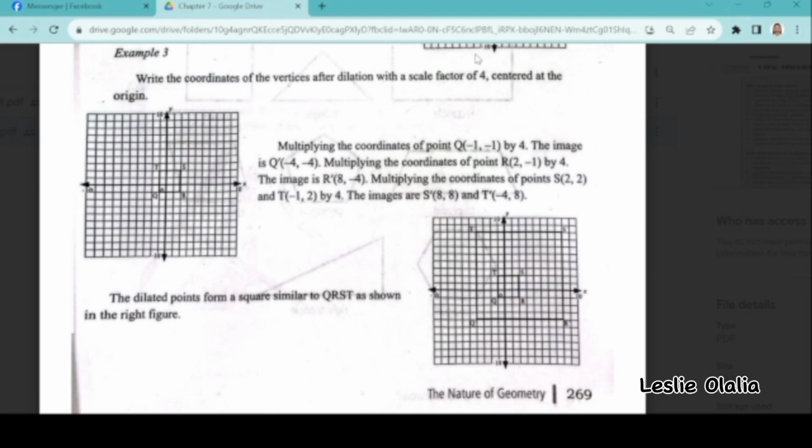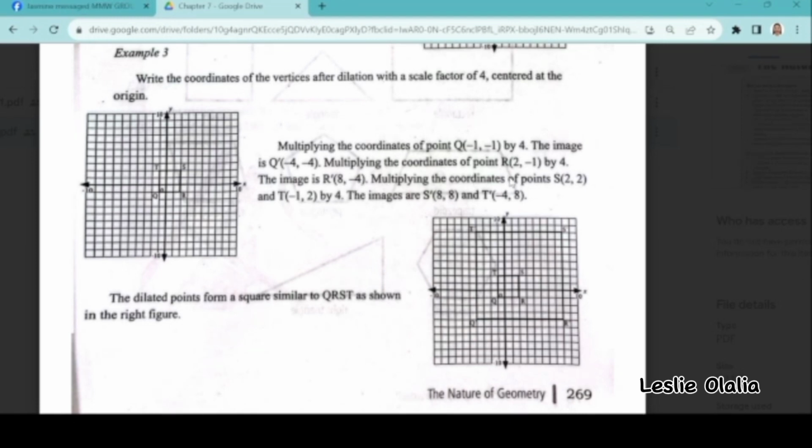I-multiply lang natin like I said earlier. Ang corner Q is negative 1 and negative 1 multiplied by 4. It is negative 4 and negative 4. Tapos yung point R is 2 and negative 1 multiplied by 4 is 8 and negative 4.